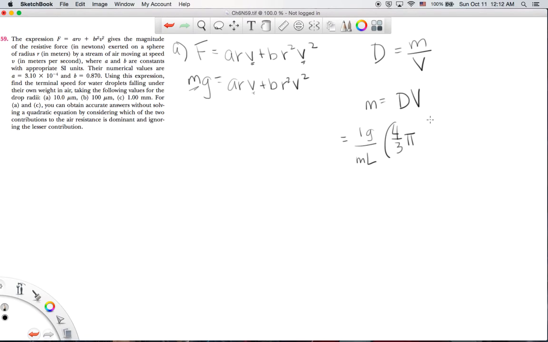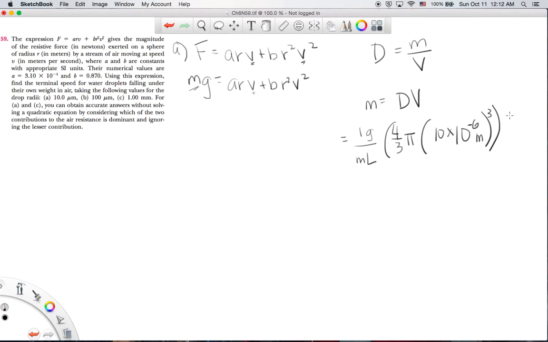The radius is 10 micrometers, and if you multiply micrometers by 10 to the negative 6, that gives you meters. Then you have to cube that because that's part of the equation for the volume of a sphere.